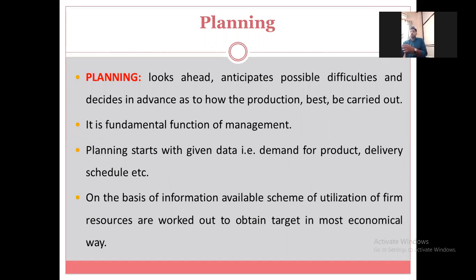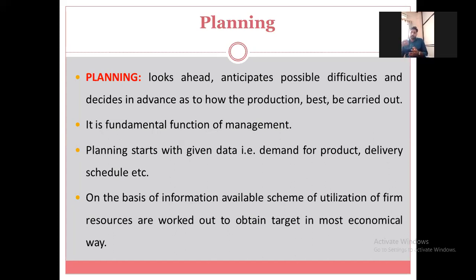Now the planning is more concerned about the utilization of resources. Whatever resources are available, you have to utilize them with more effectiveness. More effectiveness means what? If there is raw material, you should consume less raw material. If there is a machine, you should consume less machine hours.